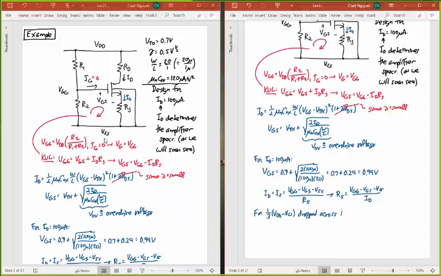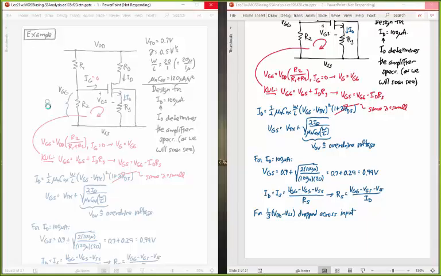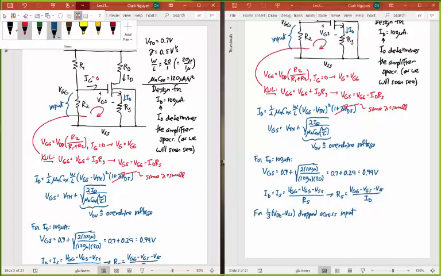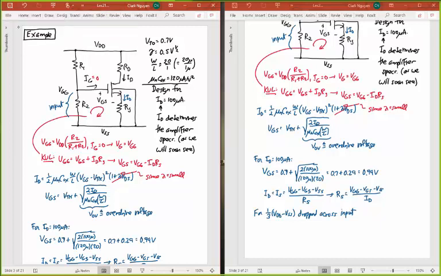the input, what's effectively the input. I'd say the input is like this here. That's what I'm calling my input, from there to the VSS. Let's give some VDD and VSS values here, and let's choose plus and minus 5 volts.